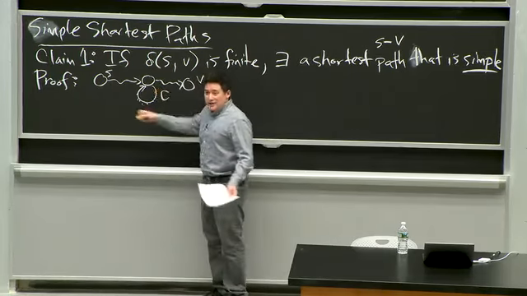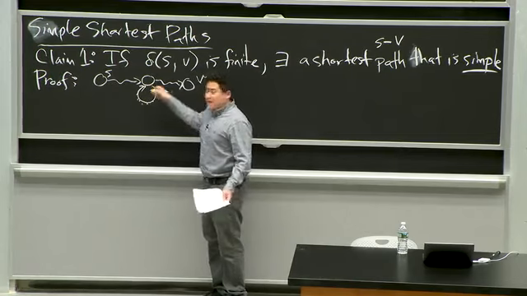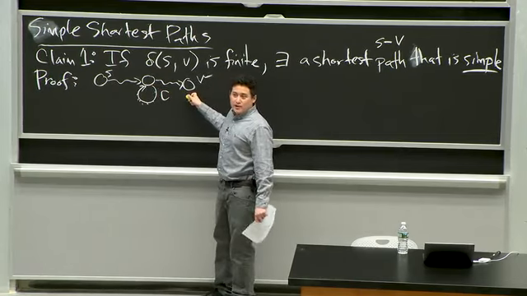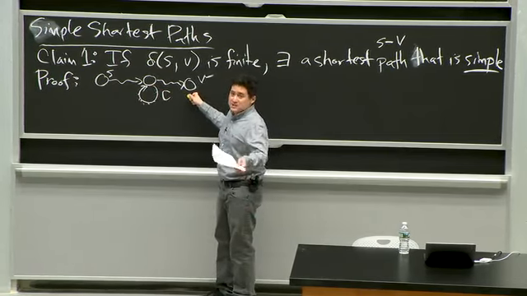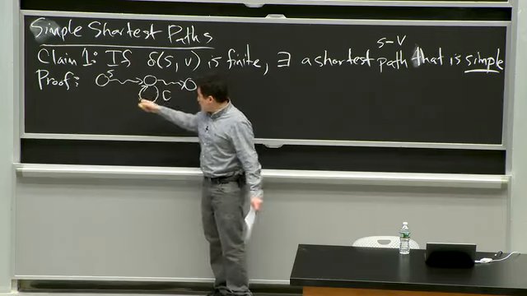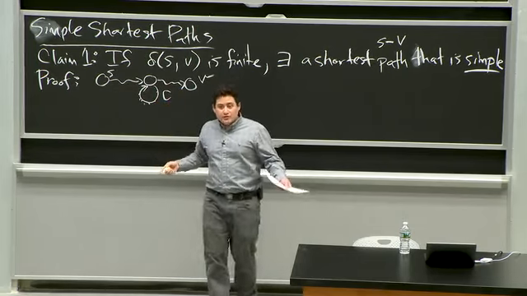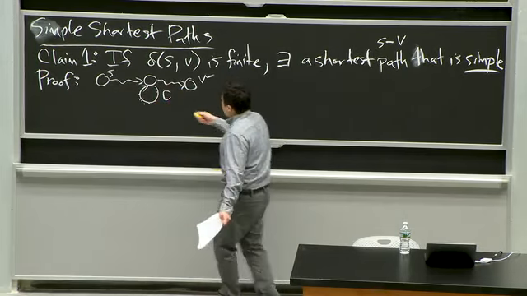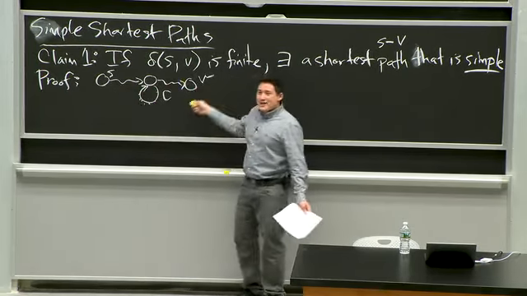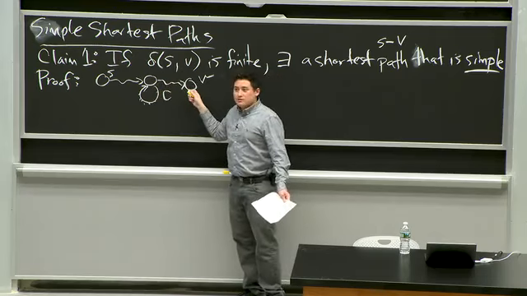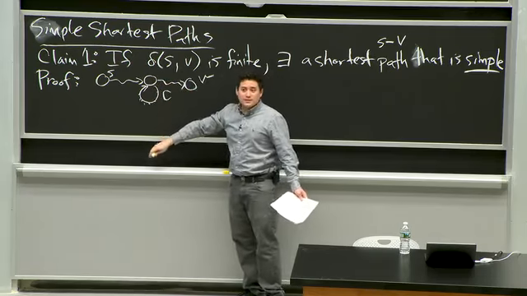Because if it was negative, I could keep going around this cycle, and this would have a non-finite shortest path distance from S, right? So I know it can't be negative, so it must be 0 or positive, right? But if it's 0 or positive and this is a shortest path that went through this cycle, then I could remove it.